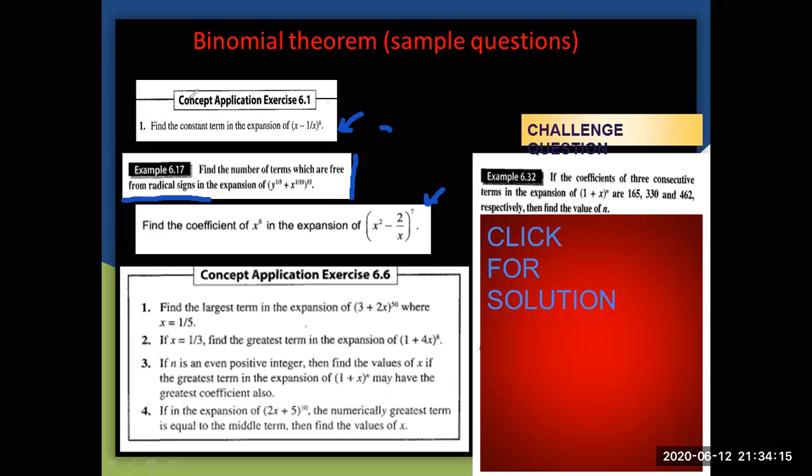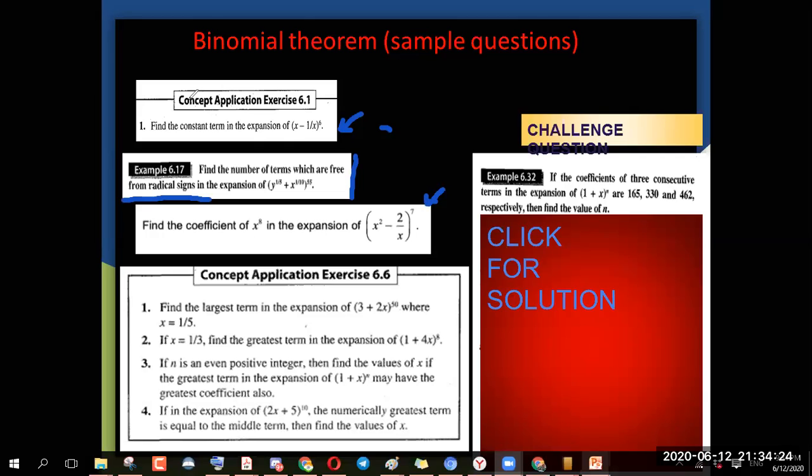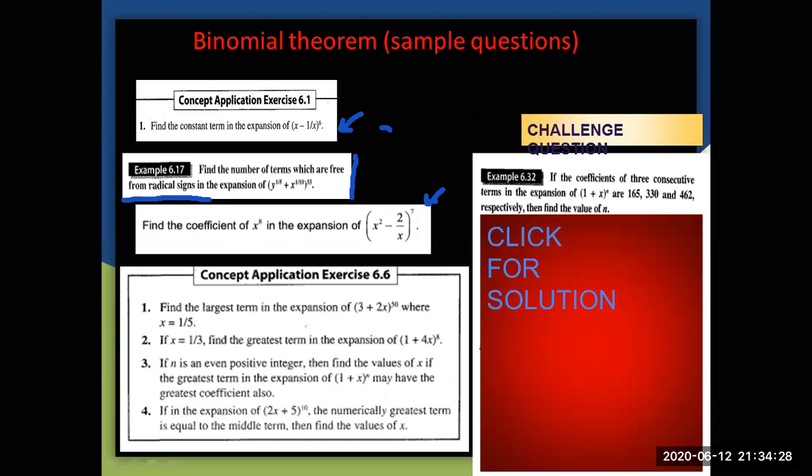Yeah, Chelsea, we are doing example 6.17.